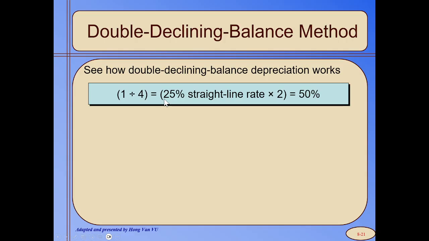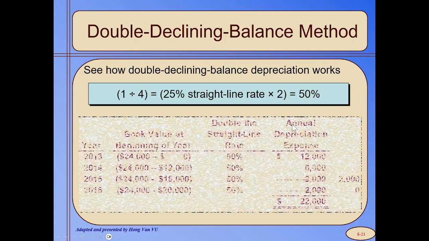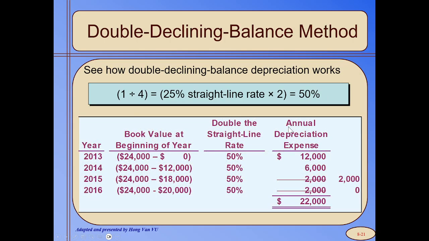Next, we multiply the straight line rate by 2 and get the double declining rate of 50%. In our table, we multiply the double declining rate by the book value of the asset. In the first year, there is no accumulated depreciation, so the book value is 24,000. Multiplied by 50%, we get depreciation of 12,000.